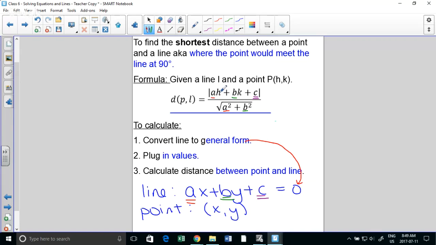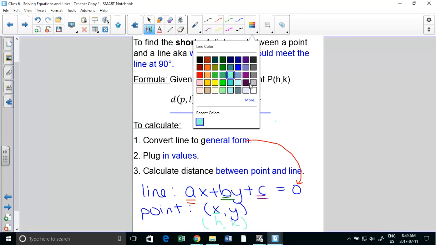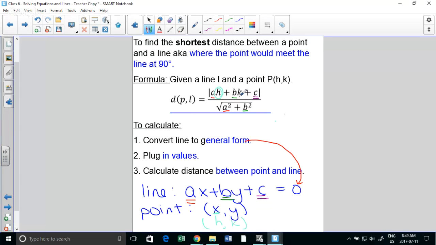This h would be here. In the formula, they're saying h and k, but that could be x and y. So basically, whatever this is goes in there, and whatever this is comes from here. So you have the 3 numbers here that are popping into 1 or 2 different places, and then you have the coordinates of the point that are popping into these places.